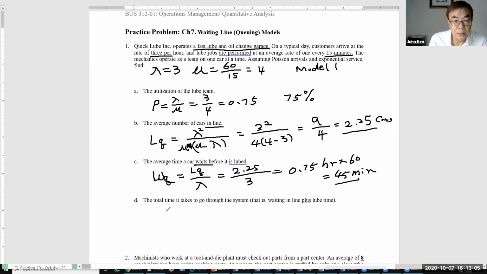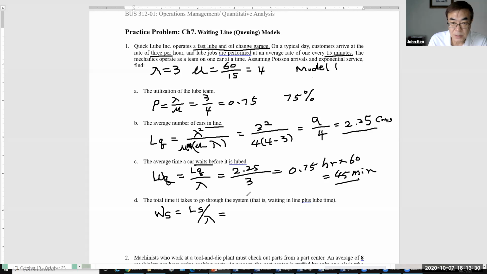And the total time is now WS, that is LS divided by lambda. Then LS is, I need the formula.